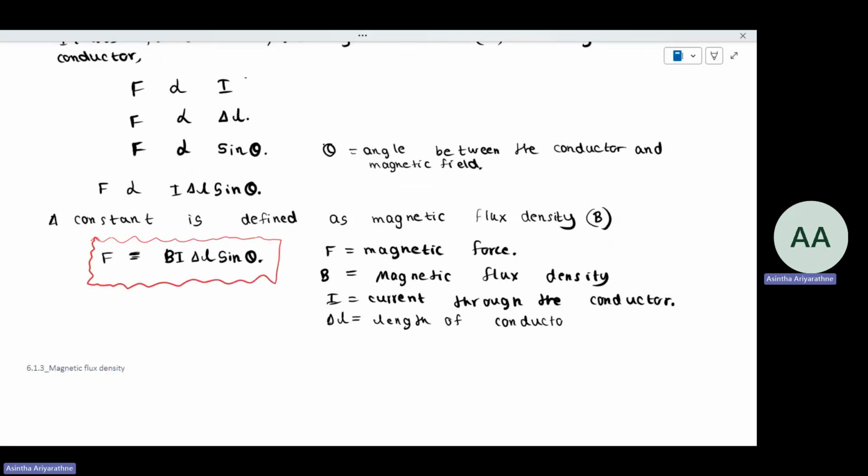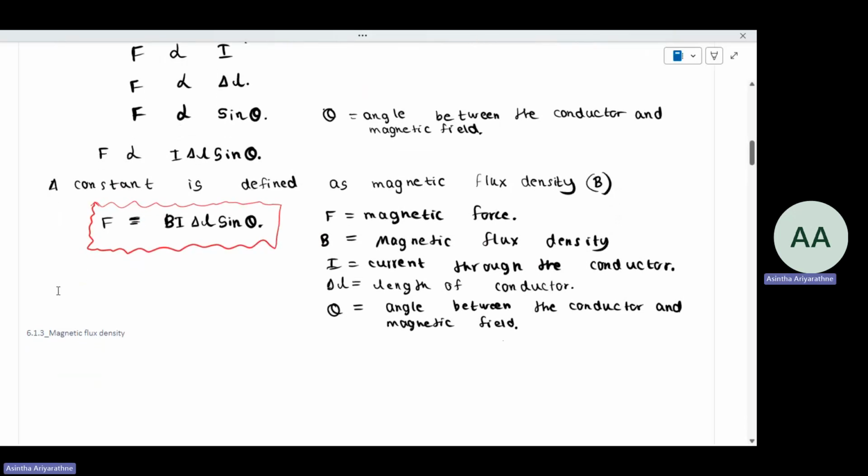Theta is the angle between the conductor and magnetic field. Right, so this is the general expression.